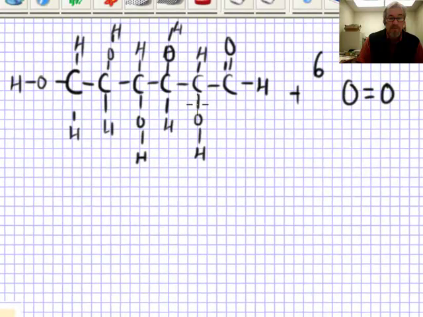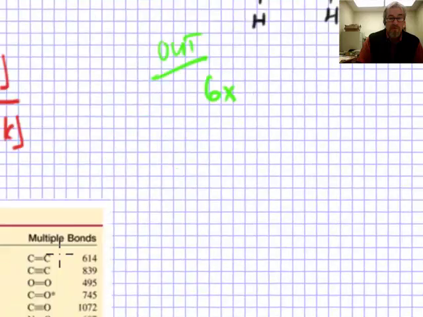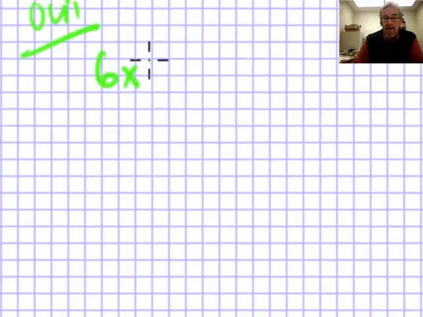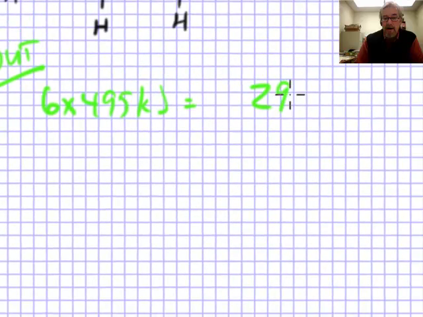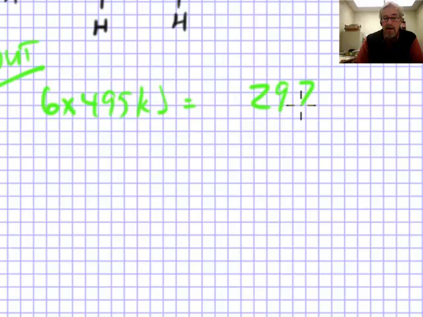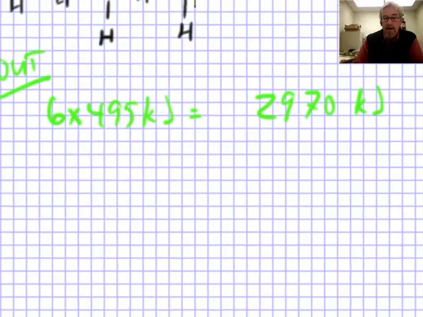Let's look at the O2s first, because they're going to be easiest. We're going to form 6 O=O bonds. So this is the output energy now. 6 times the O=O energy, which is 495 kilojoules. And that comes out to 2,970 kilojoules. We're also going to form a bunch of OH bonds.